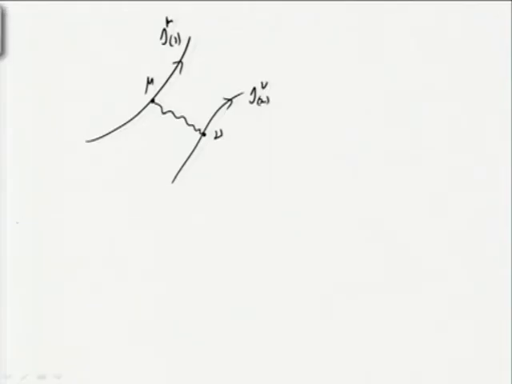And so, the propagator propagates from some point to another point, and if the indices are nu and mu, and the momentum that the propagator carries, the momentum transfer, is q, then the factor associated with that is g mu nu over q square. Okay. This is one way of diagrammatically representing it.